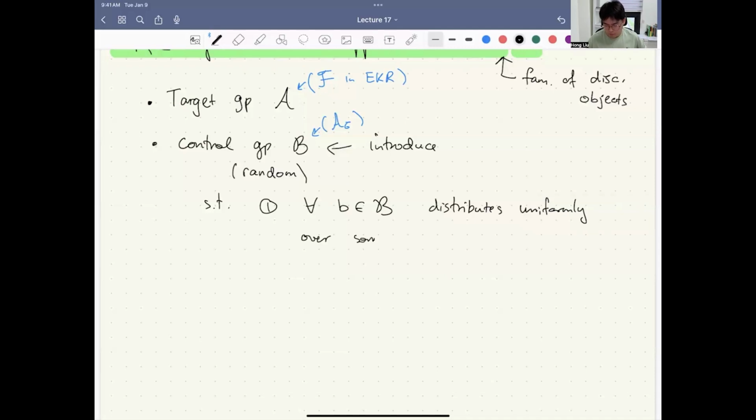Let me just say uniformly, I will say vague. Here, in this case, A in A sigma distributes uniformly over n choose k in our proof.